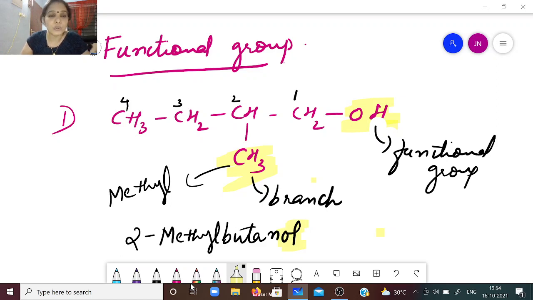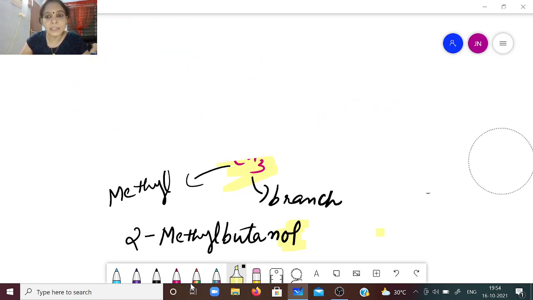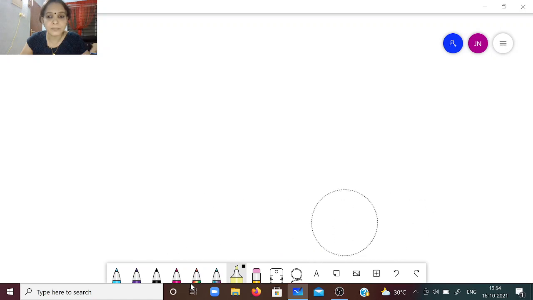Now, I can show you some other examples, then I will go to the chart. For example, I will show you another functional group, the double bond. If the double bond is the functional group, how will I write it?